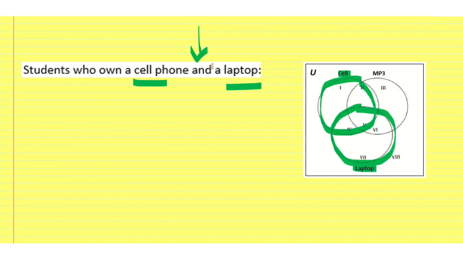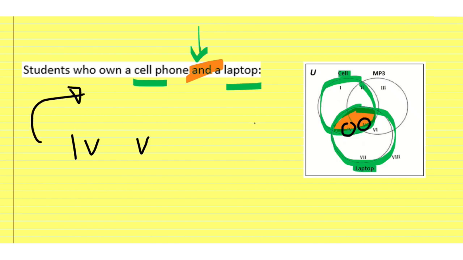And again, the word "and" means overlap. So we're going to color in this entire space. And that means that it is going to be regions 4 and 5. So regions 4 and 5 represent the students who own both a cell phone and a laptop.